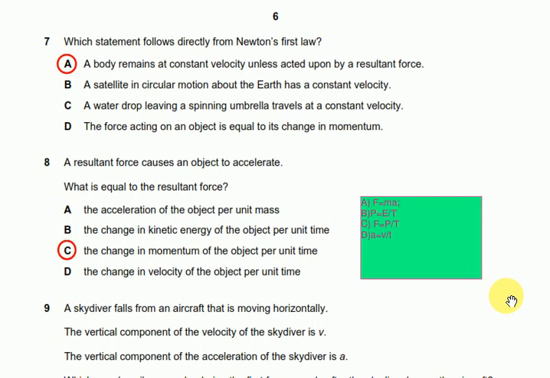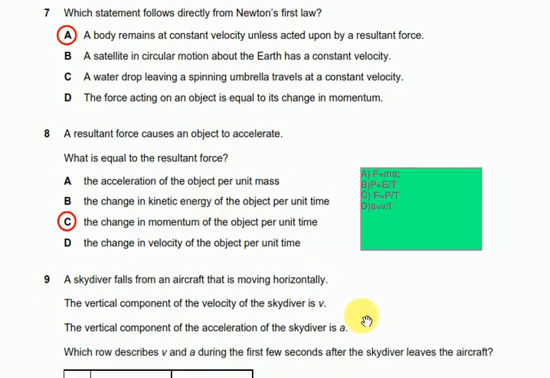Energy per unit time is basically power. Part C, it's change in momentum of the object per unit time. That's basically force, because rate of change of momentum is force. So C is the correct answer. D is the change in velocity of the object per unit time. Velocity per unit time is basically acceleration. So C is the appropriate answer.